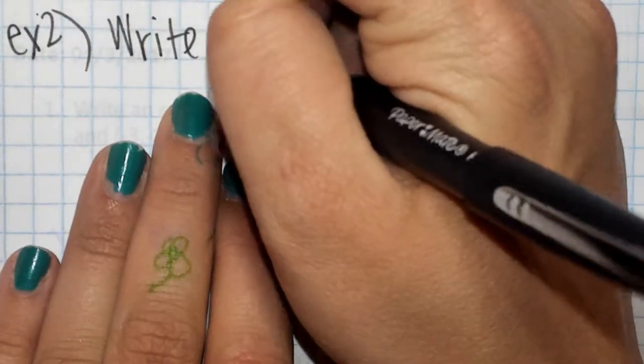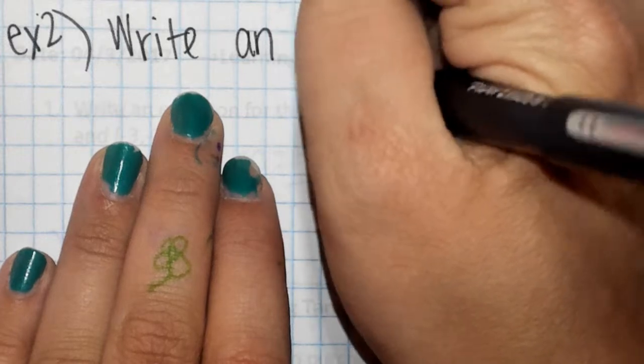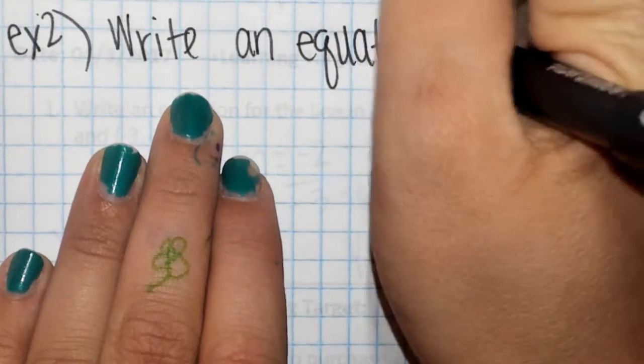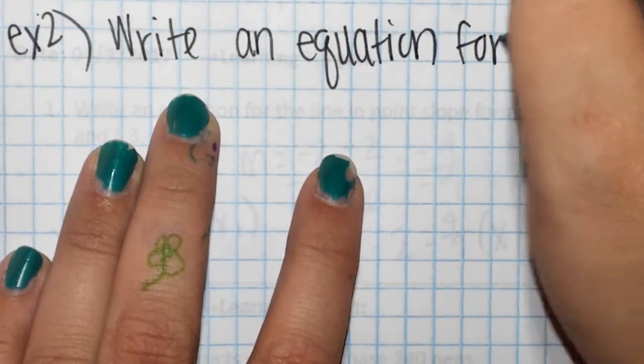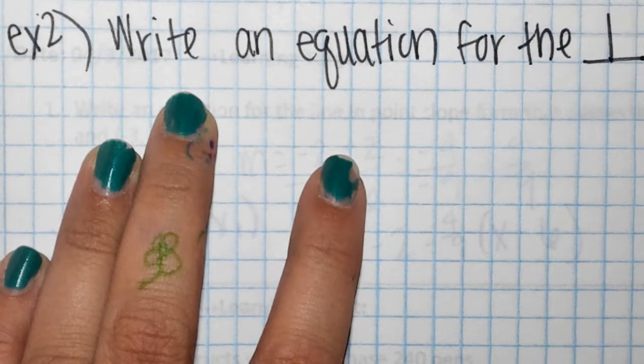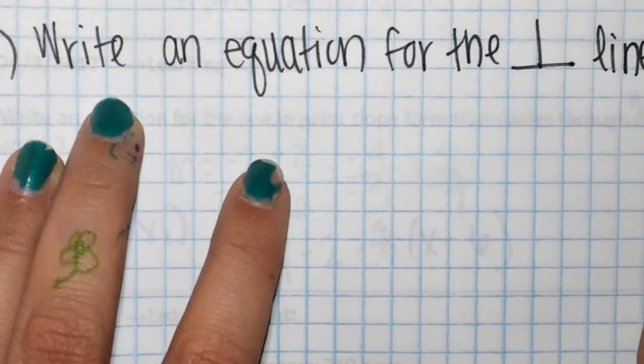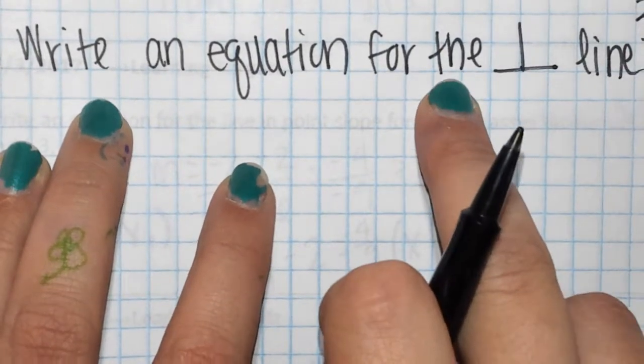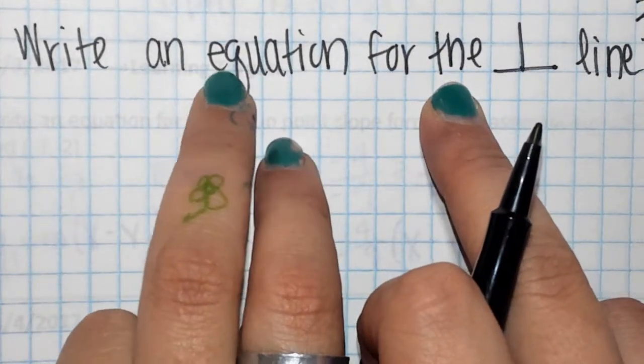Write an equation for the perpendicular line. Would it be N or A? An, write an equation, because this is a vowel.